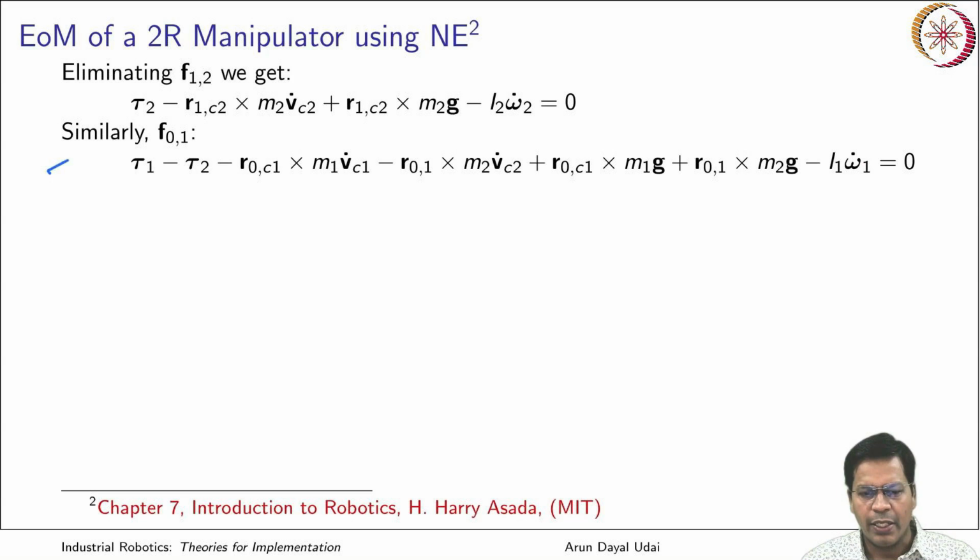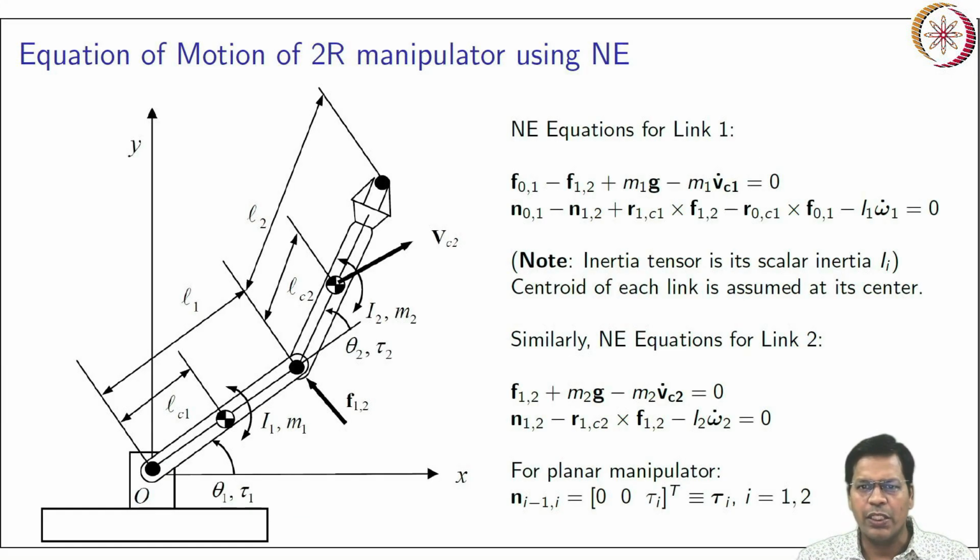for link 1, I did exactly the same thing. Again, I should show you this. So you see it is here. So I can substitute. This time I want to eliminate F01. So I can substitute F01 directly. F01 and F12 from the second link equation. Everything goes to the second equation of link 1.